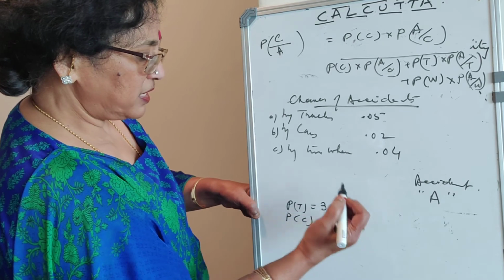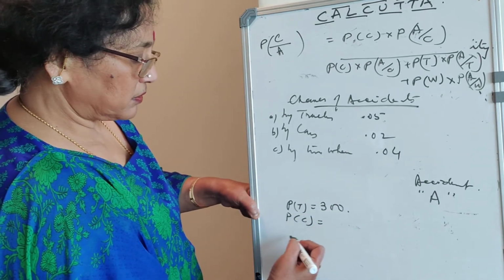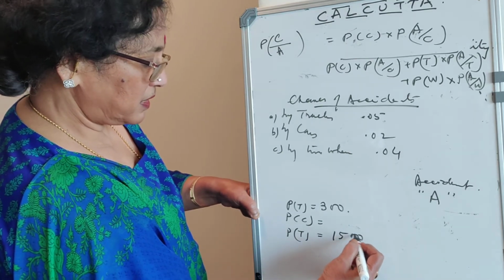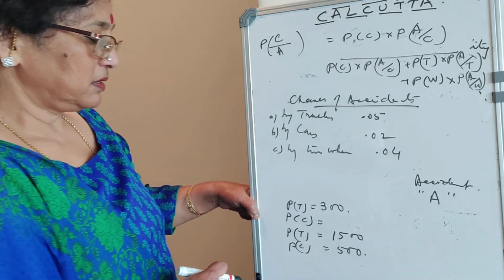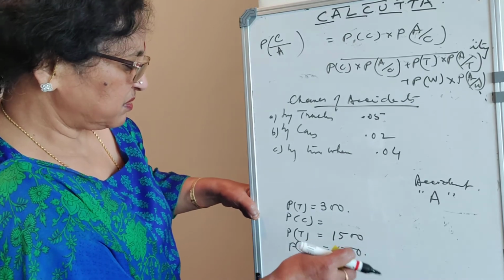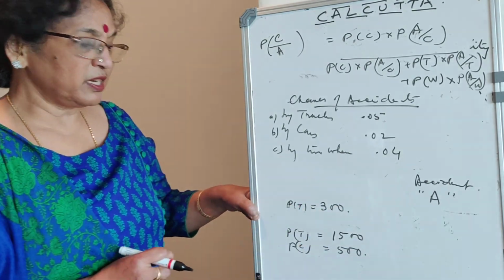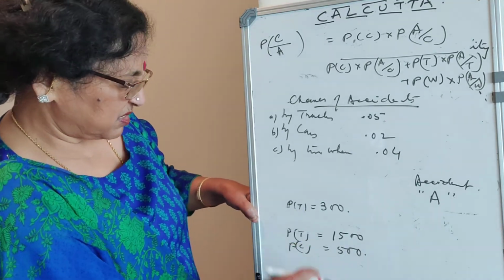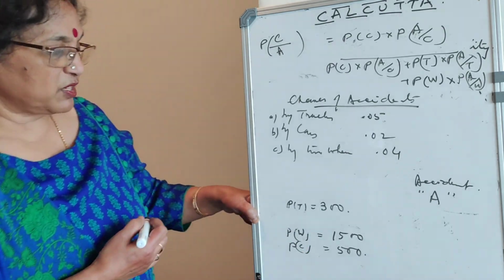Trucks was 300, two-wheelers was 1200, and cars was 500. Okay, doesn't matter if I have messed up with the numbers. What is the probability it's a truck? The number of trucks was 300, number of two-wheelers was 1200 and cars was 500.